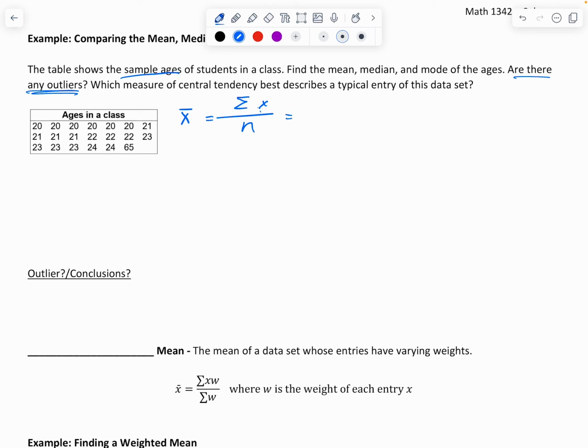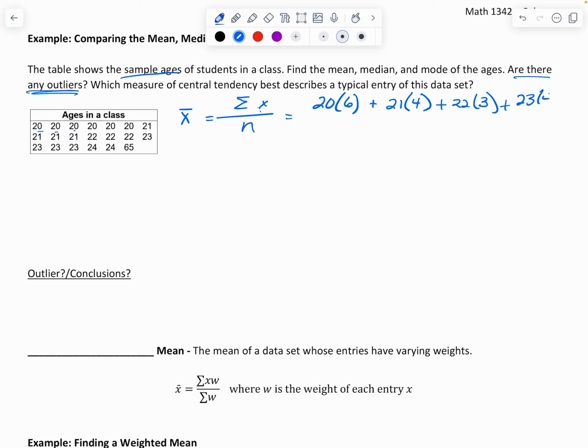So that would be to add up these 20, because addition is repetitive multiplication. There are 6 students that are 20 years old. There are 4 students who are 21. There are 3 students who are 22.